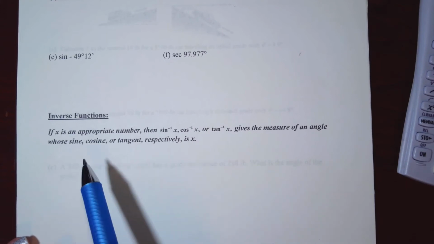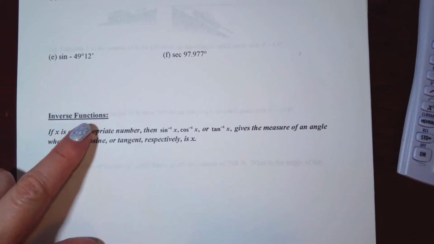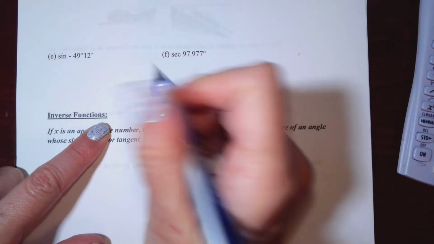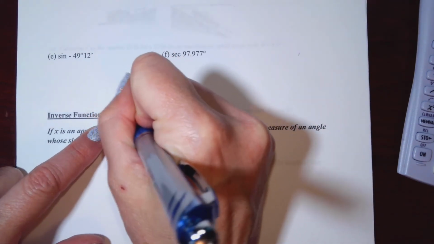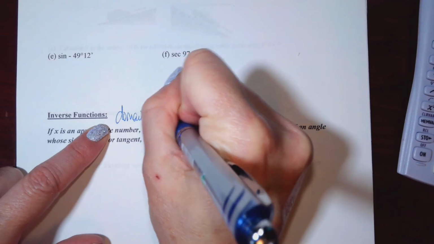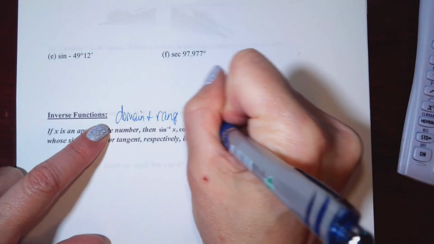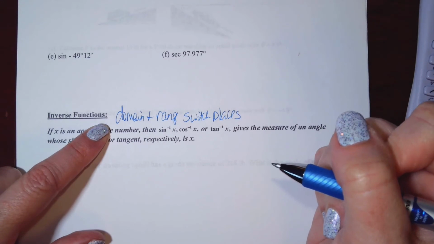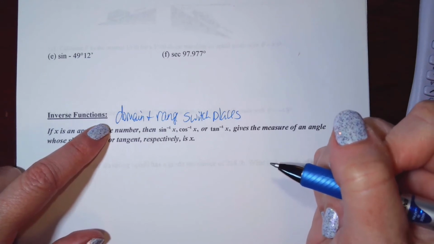If you remember your inverse functions from college algebra, when I have a function and its inverse, the domain and range switch places. We did our switch and solve to find an inverse function.